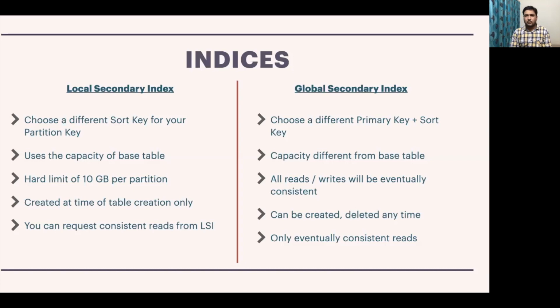There is one big caveat: all the reads and writes to the global secondary index will be eventually consistent. So you cannot use the consistent reads parameter to get consistent data from global secondary indexes. The other upside is it can be created and deleted at any time, and like I mentioned, you will only get eventually consistent reads.